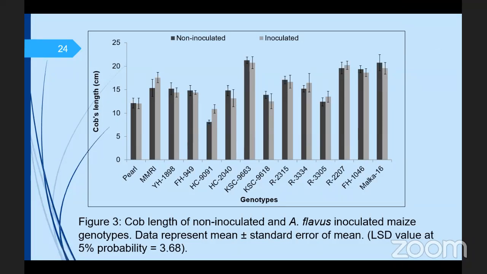And these are the cob lengths with different Aspergillus species. There was a non-significant difference among the different genotypes of maize, but there was a significant difference among the treatments.